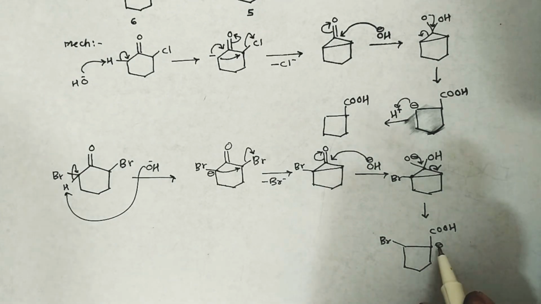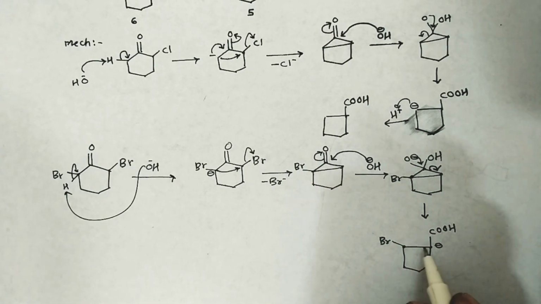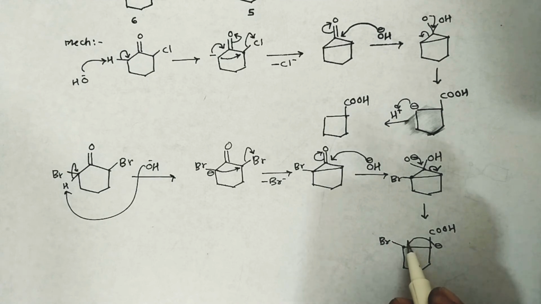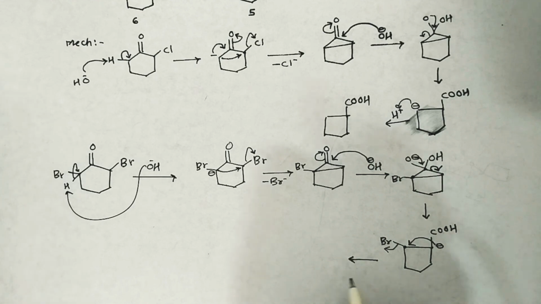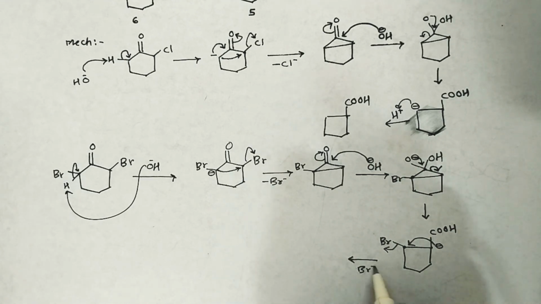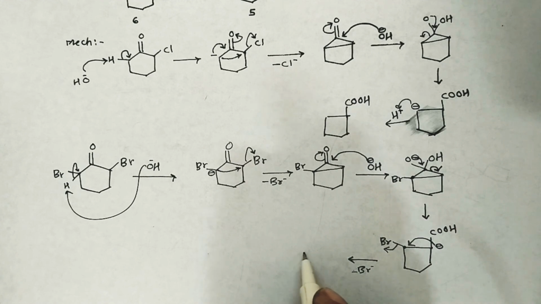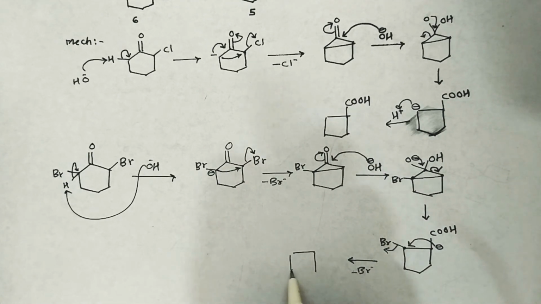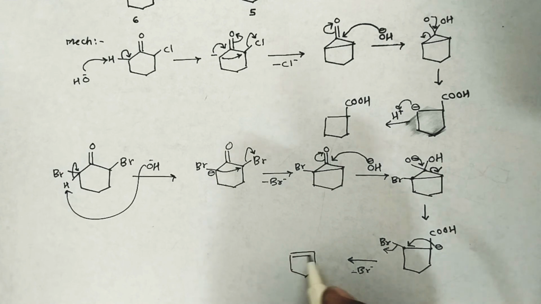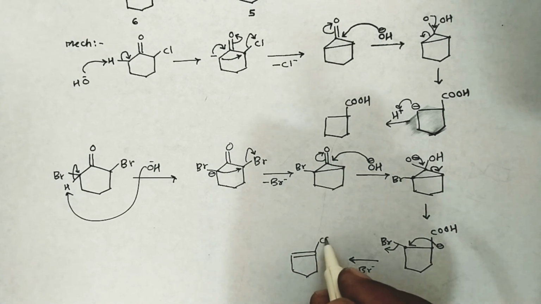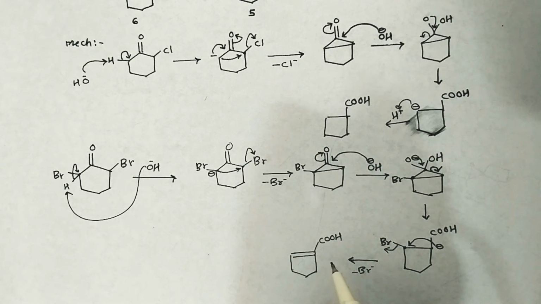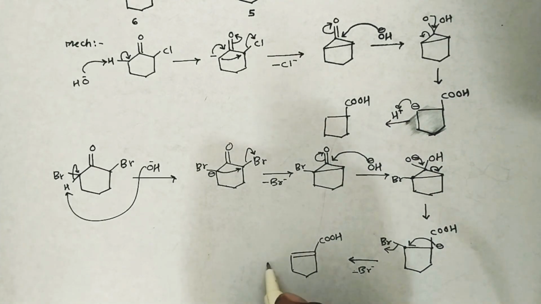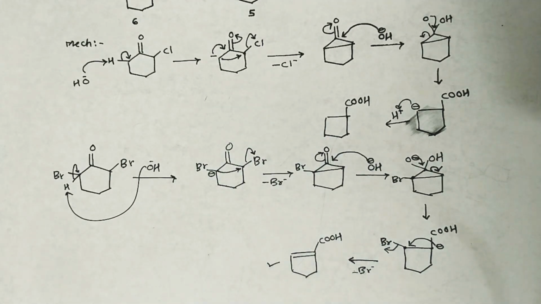Again there is a leaving group present, therefore this negative charge carbon attacks over here and this bromine leaves as Br minus and you will get such type of product. So this is the correct product of this reaction.